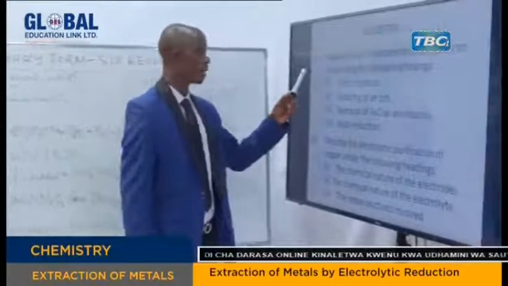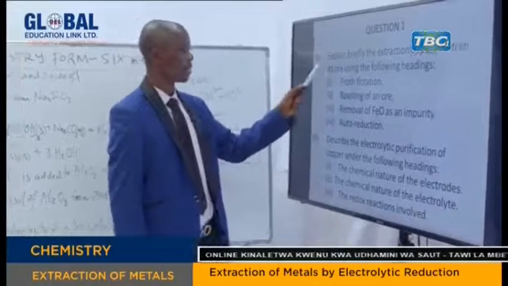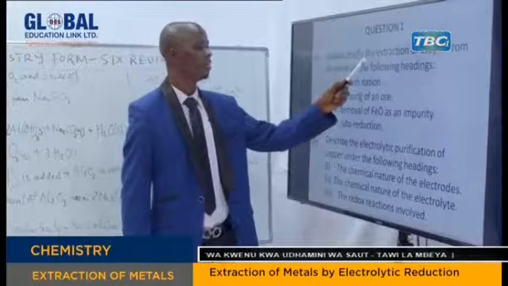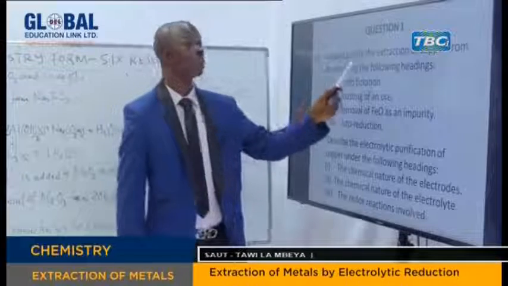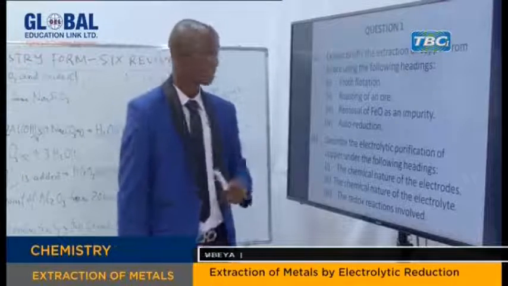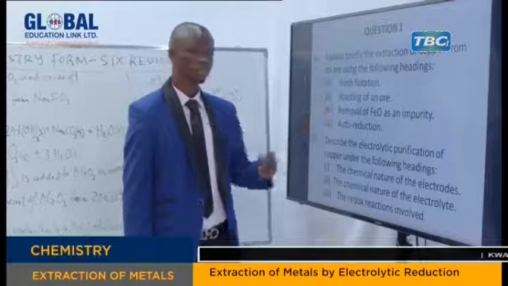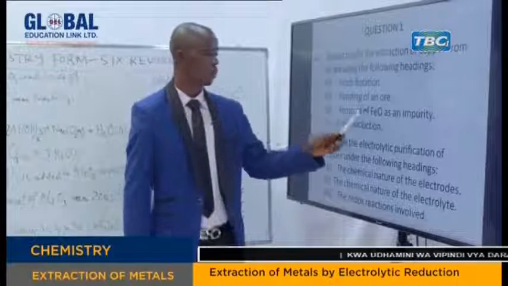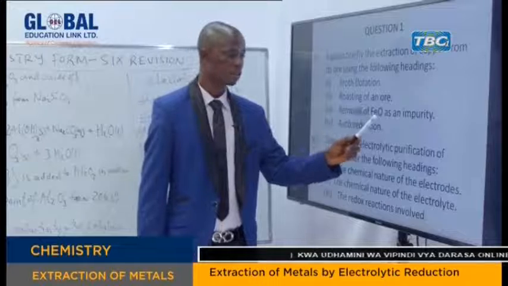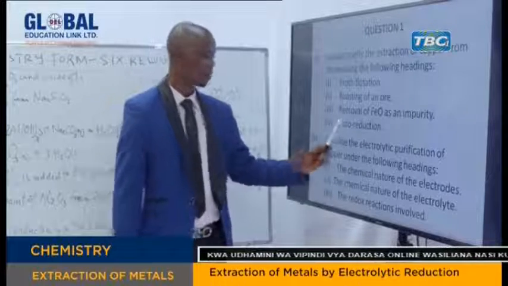Question number 1, my dear student, says: 1A, explain briefly the extraction of copper from its ore using the following headings. Number 1, froth flotation. Number 2, roasting of an ore. Number 3, removal of iron(II) oxide as an impurity. And number 4, auto-reduction.